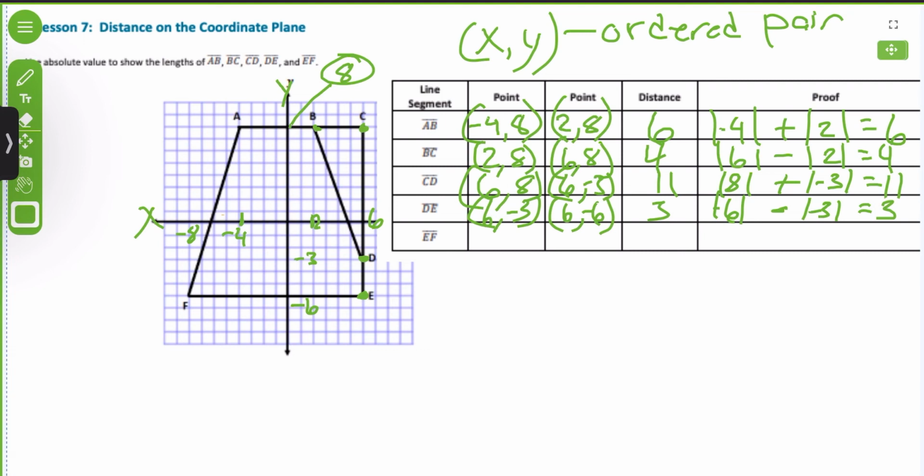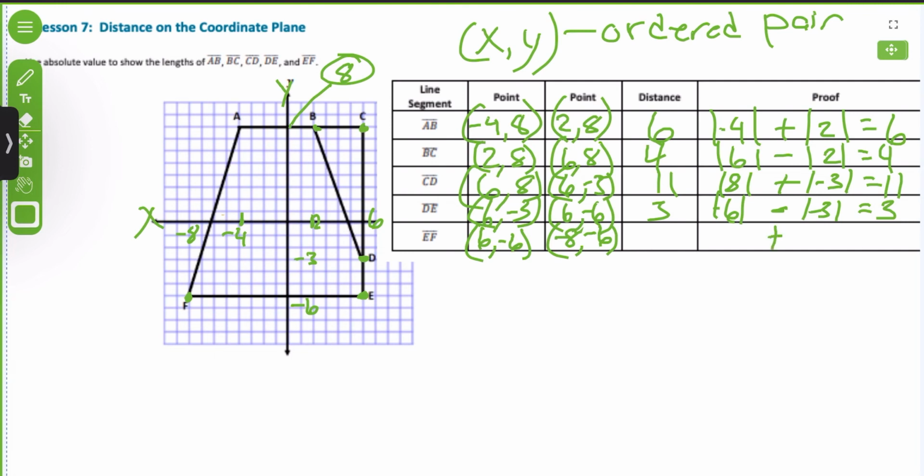Now, for EF, we know E is 6, -6. And so let's find F. What is F? -8, -6. Good. Now, are we going to add or subtract? Add.